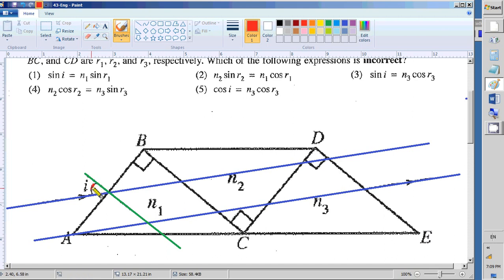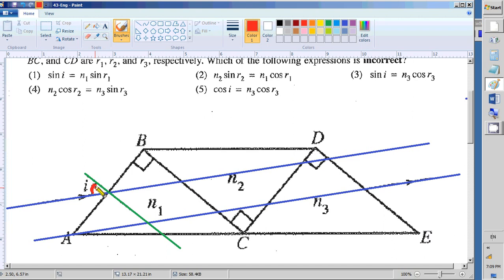This one, they say, is angle I. Since these blue rays are parallel to each other and are crossed by this normal, this green line is perpendicular to the plane AB.